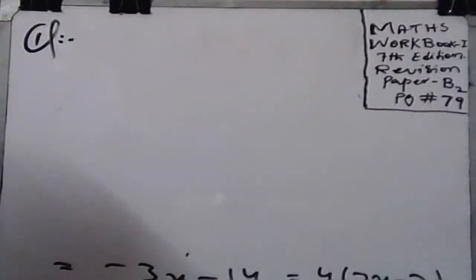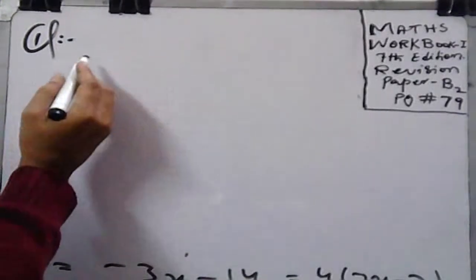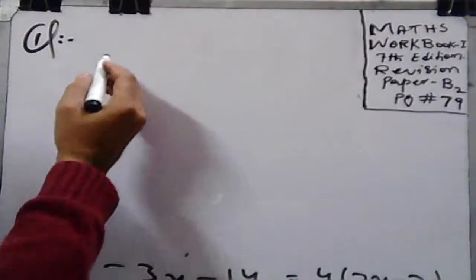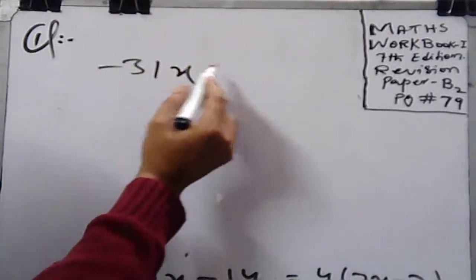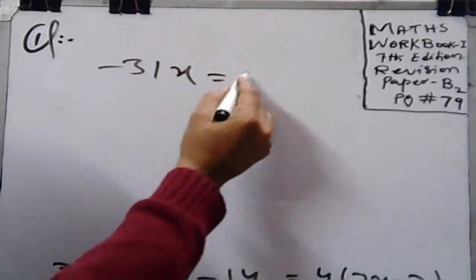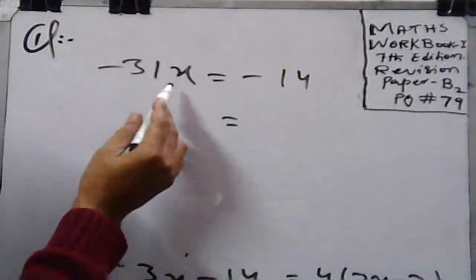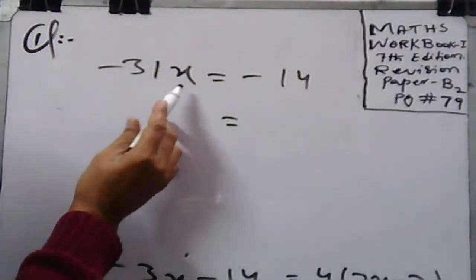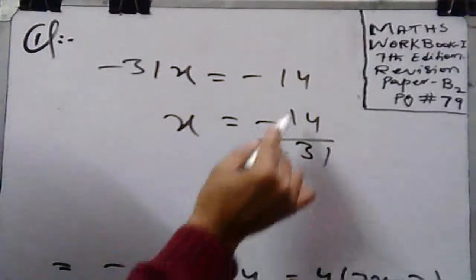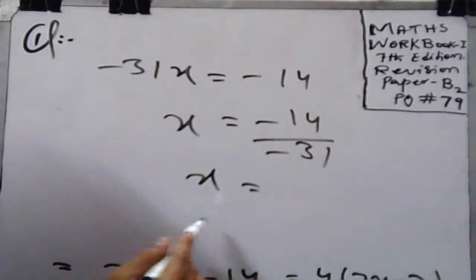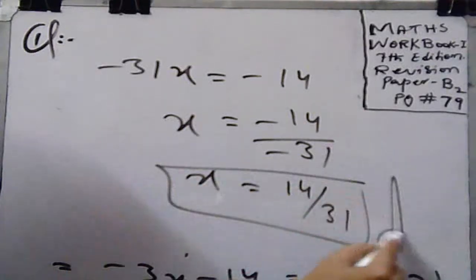In further steps, minus 28 minus 31x is equal to minus 14. You need the value of x, so you need minus 14 divided by minus 31. Minus minus will be cancelled, so the value of x is 14 by 31. That is your required result.